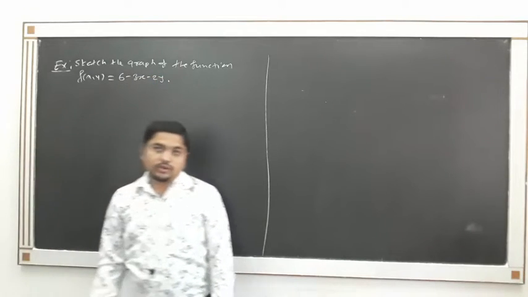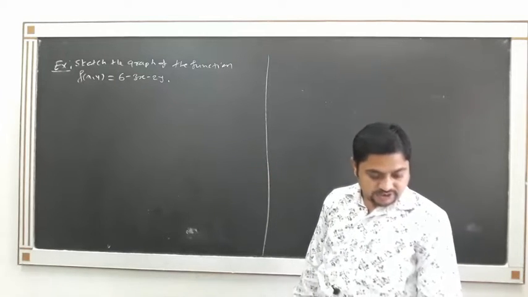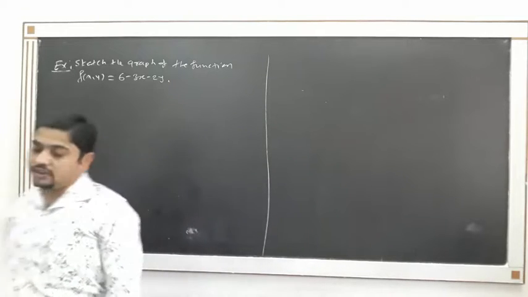So we have to solve the first example, the graph of the function 6 minus 3x minus 2y. We have to sketch the graph.